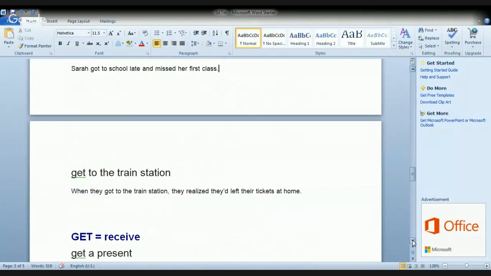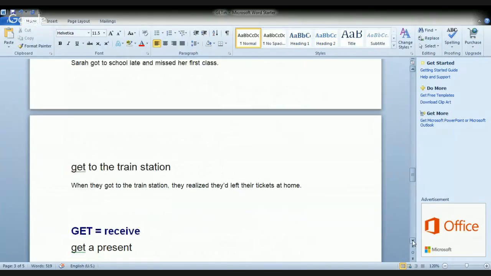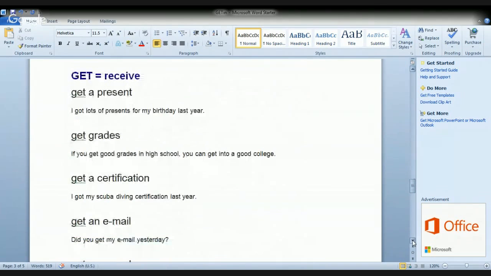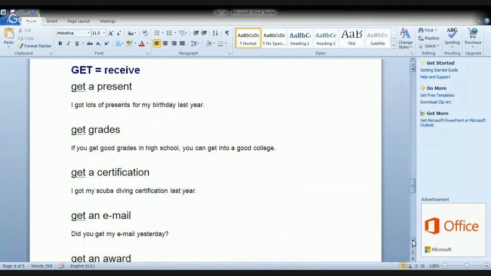Any other questions before I move on? No? Okay. Well, in this case, the next part that we're going to look at is get when it means receive. So again, in these next examples, we can use receive instead of get. However, we use get for everything, and it's just a lot easier, and so that's why we use it.